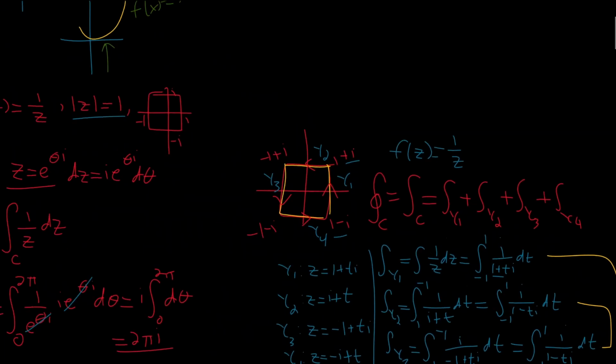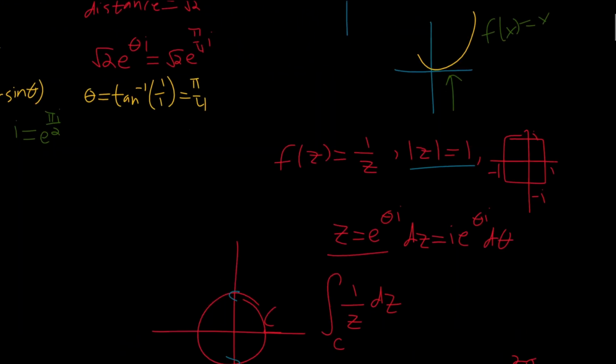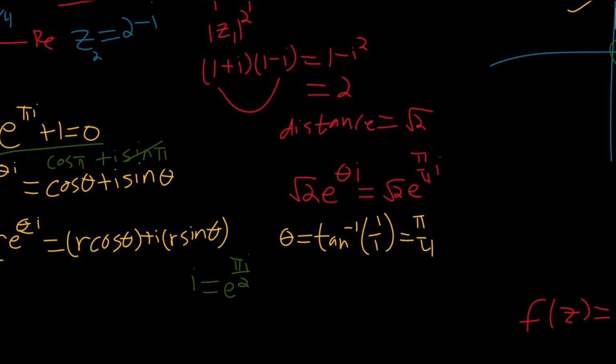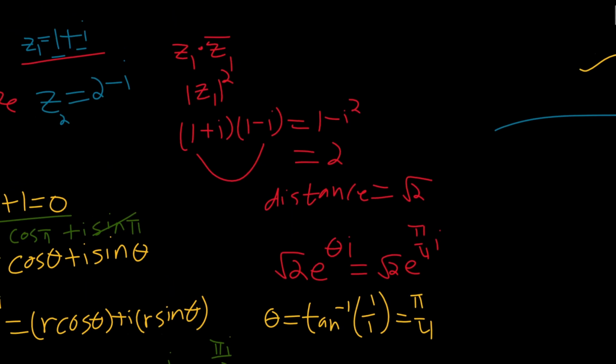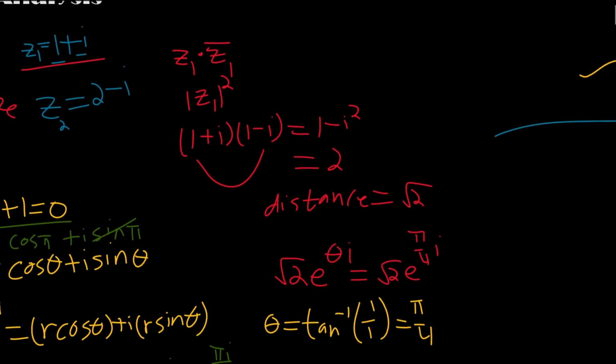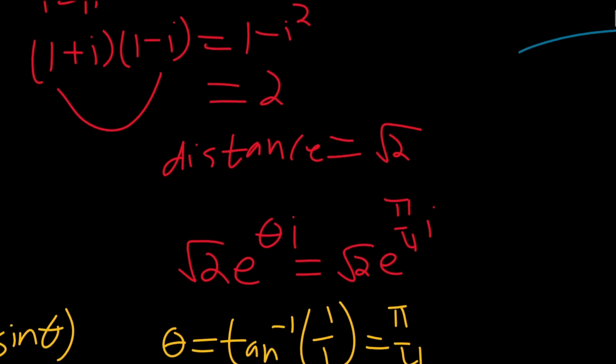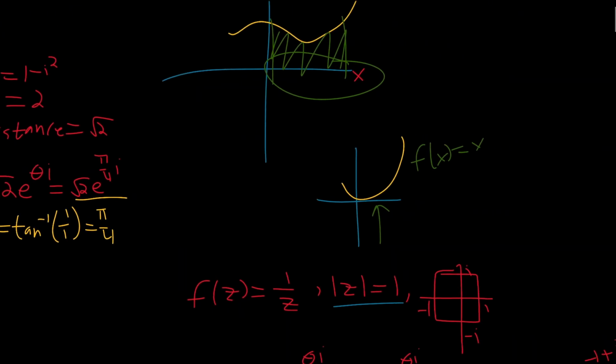Because if we go back to what we did at the beginning of this tutorial, we find that we can express, say, 1 plus I as some real number times e to the something. And in this case, this e to the something is just this right here.